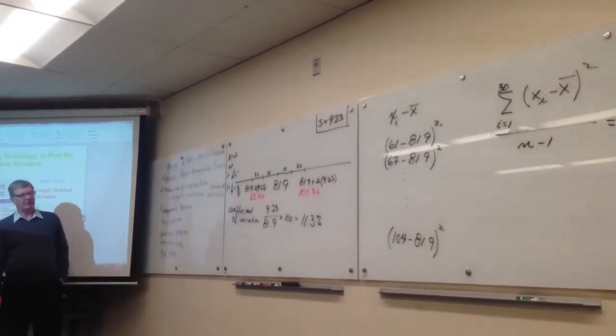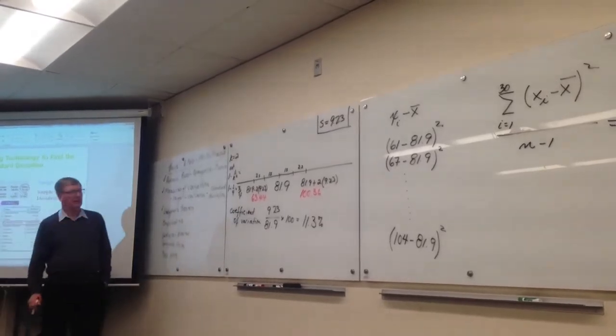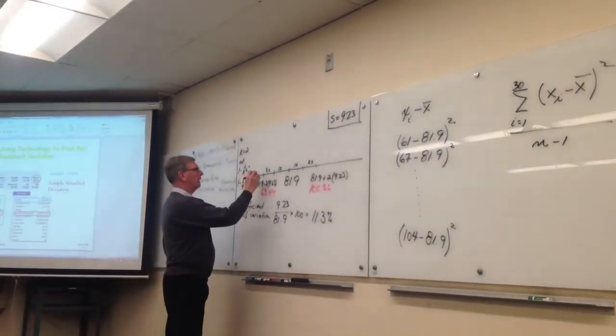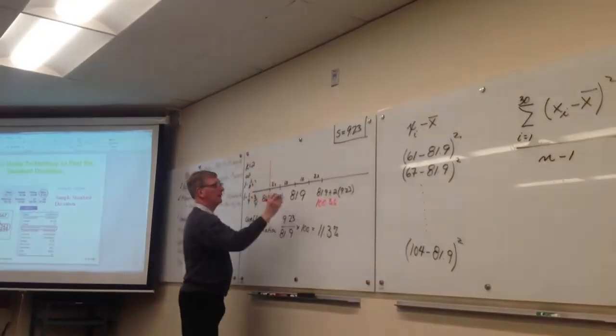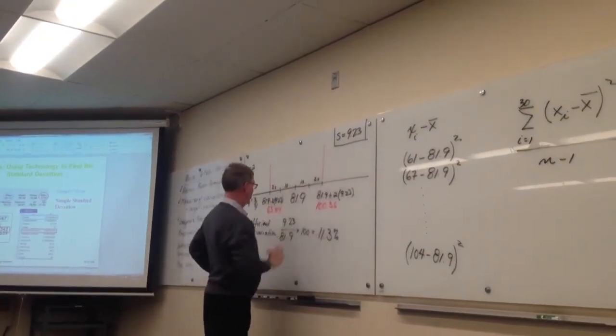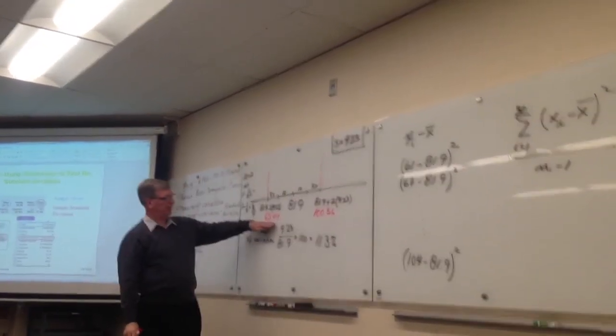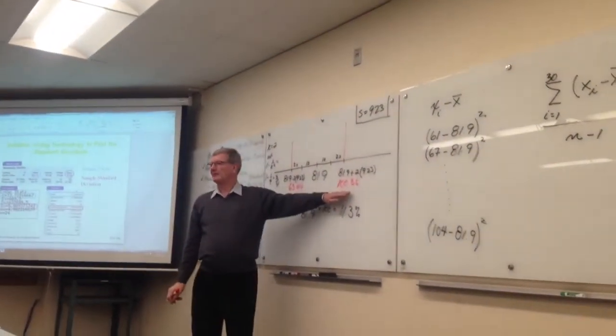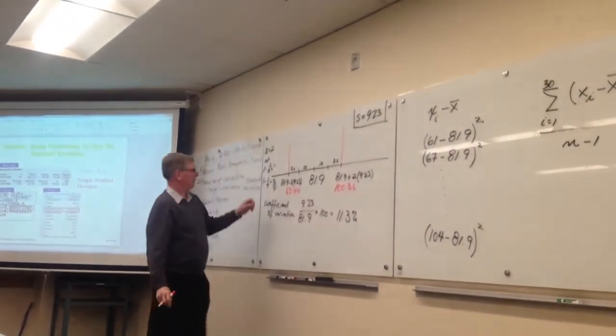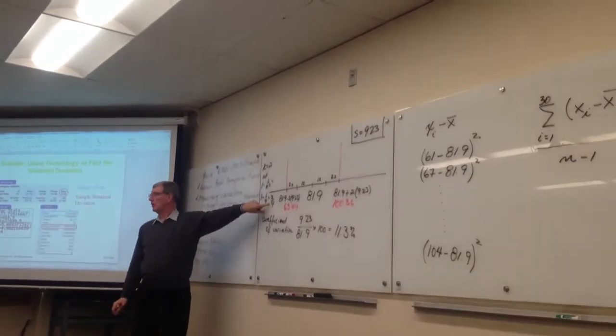So what Mr. Chebyshev says in his theorem is that between 63.44 and 100.36, we ought to be able to find 3/4 of all of our data.